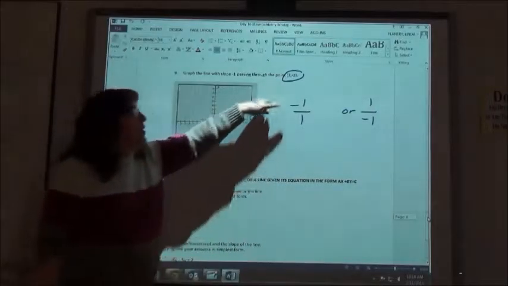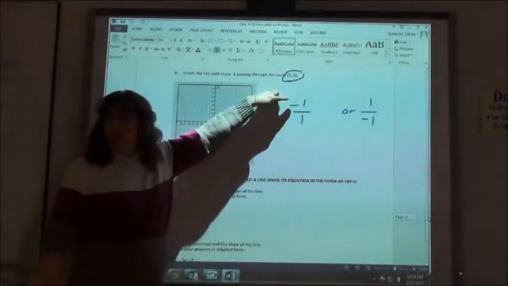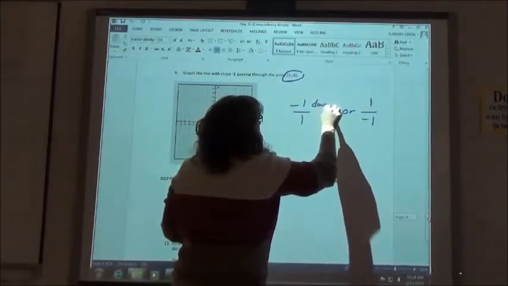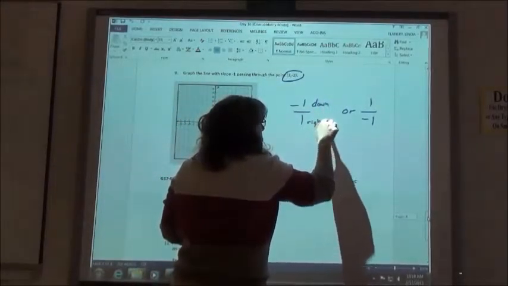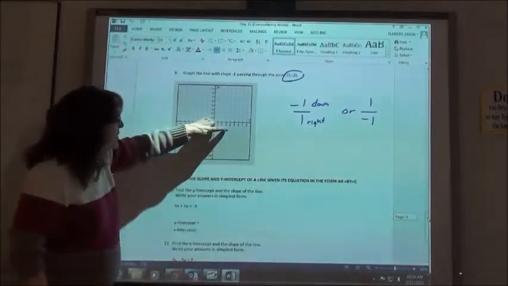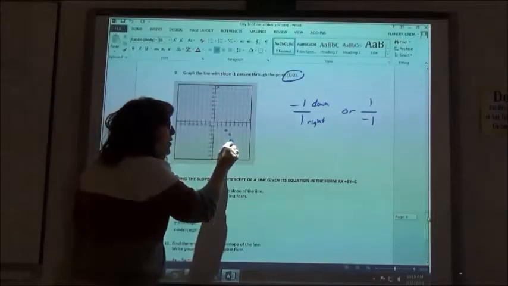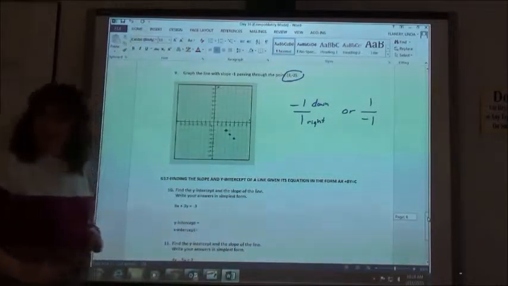So if I do this one, it is telling me to go what direction? Down 1 and to the right 1, right? So if I went down 1 and to the right 1, here's my next dot. Down 1 and to the right 1, there's my next dot.